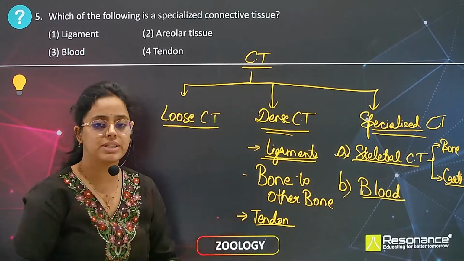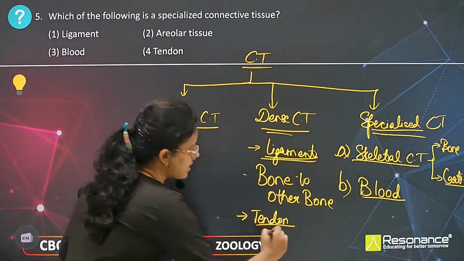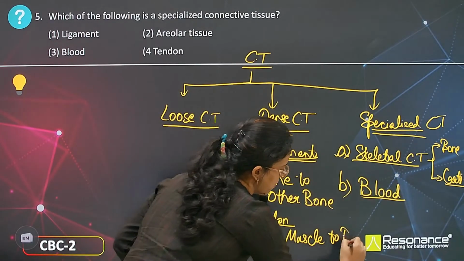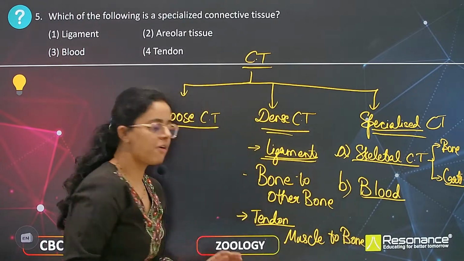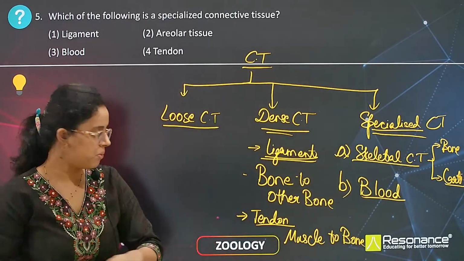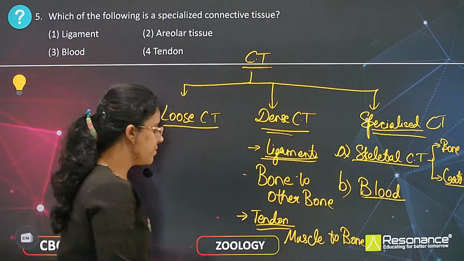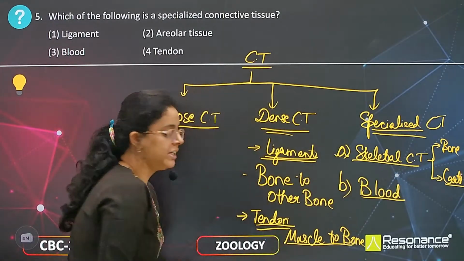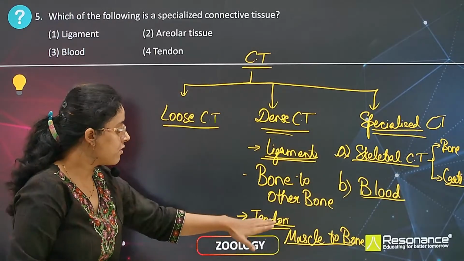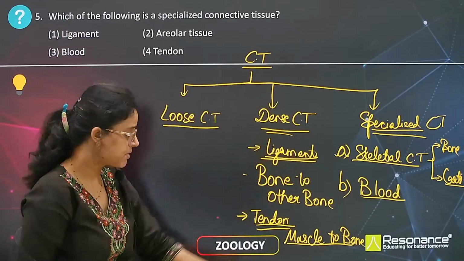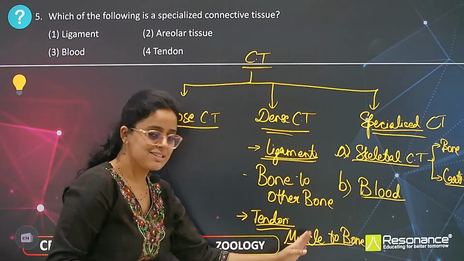Tendon is the one which connects muscle to bone. So muscle is connected to the bone through tendons. It is made up of white fibers. It consists of less matrix, whereas ligament consists of more matrix and more fibers. Why is muscle connected to the bone?